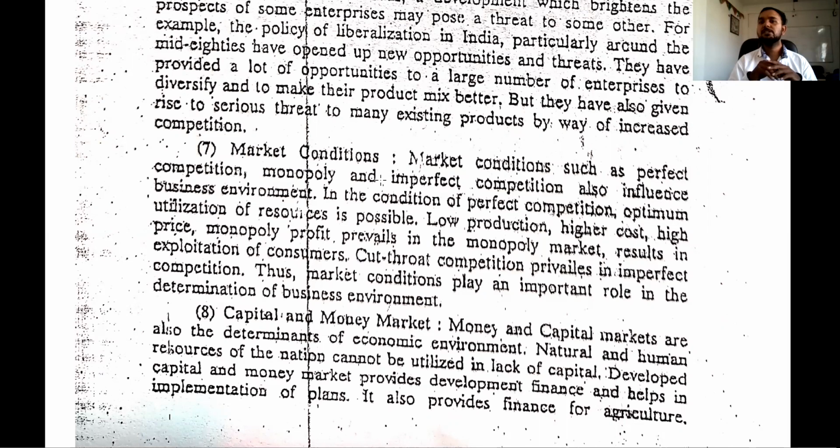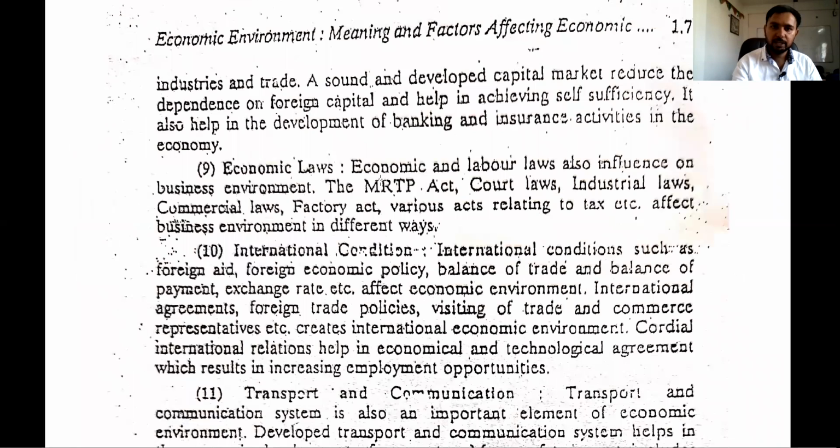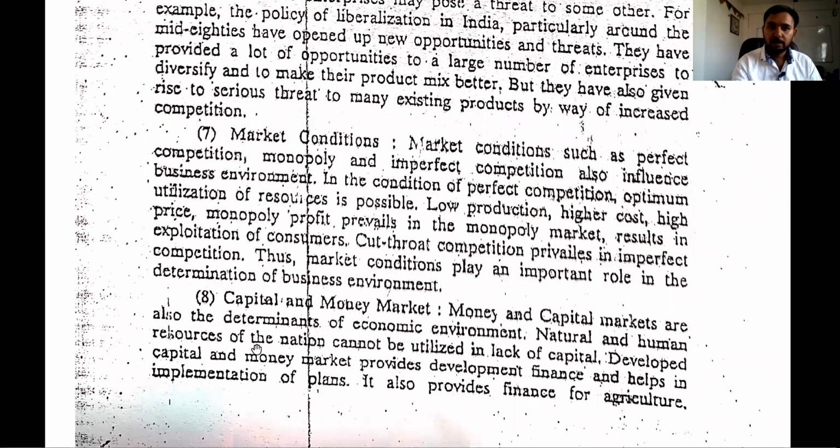So market conditions are also there to affect the company or the business or the firm. Now we have another factor, that is capital and money market. Capital market is a market from where you can get long term finance, and money market is a market in which you can get finance for less than 1 year. So it also depends on how much capital you are able to get from the market. If you are not able to get much capital from the market, you cannot run your business properly.